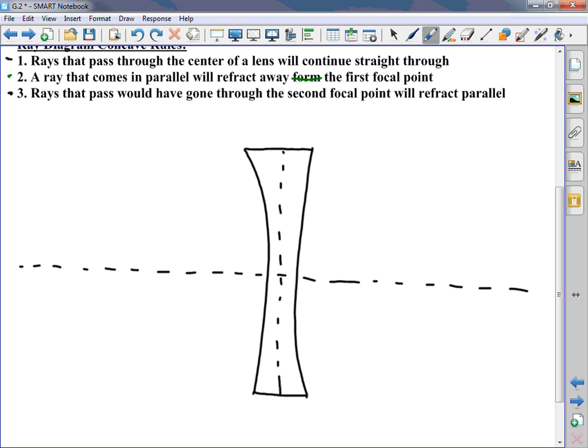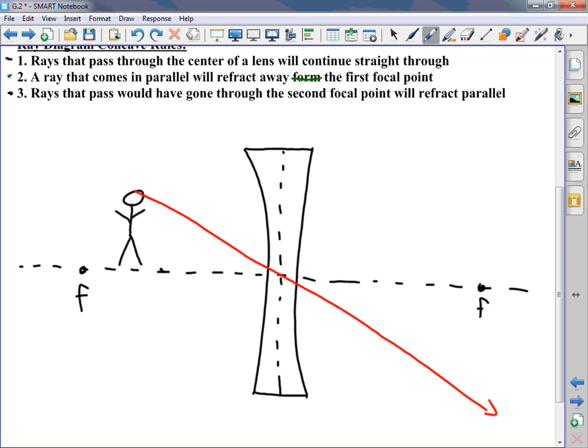So big difference here. Let's give myself a little bit of room to work with when dealing with my focal points. And now let's give myself an image, say somewhere like that.